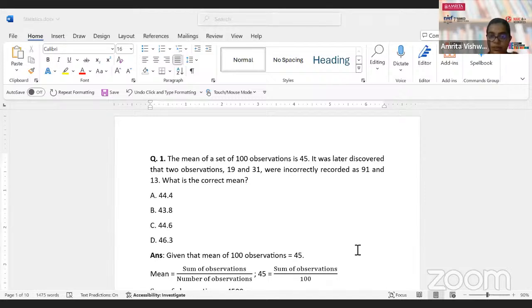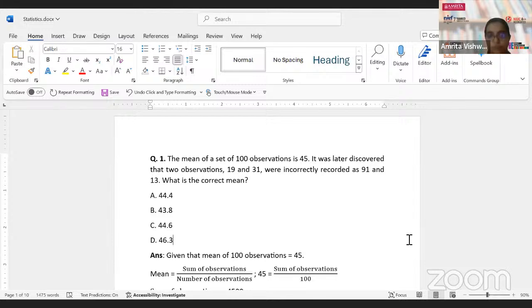Gokul, Vishal, Ashwati, Jay Prashanjit, Hussaini, Shri Kavin. I'm not able to read everybody's name, but still, if there is someone who wants me to repeat any of these questions that we have discussed so far today in this session related to statistics, just type the question number in the chat box or maybe any clue to the question.